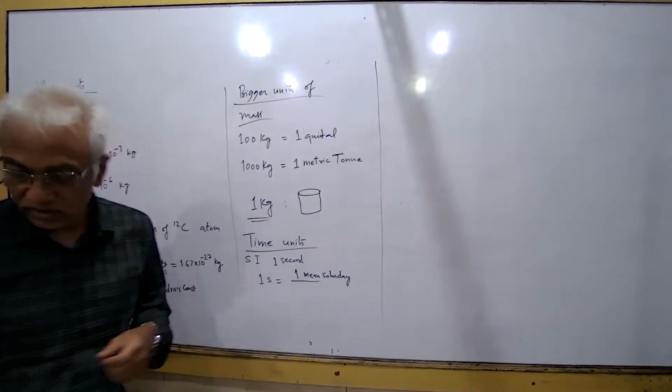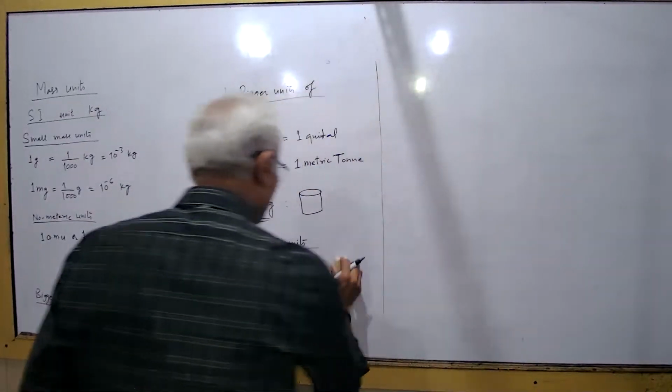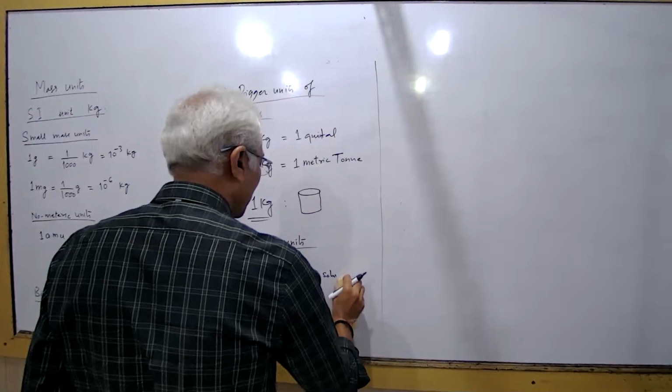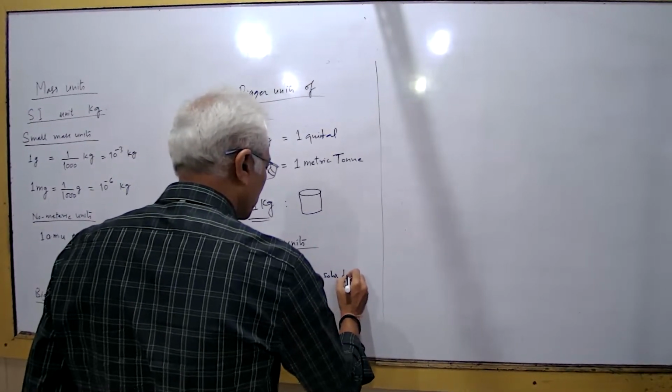One mean solar day is the time duration for rotation of Earth over its axis, or the time between two sunrises in solar.